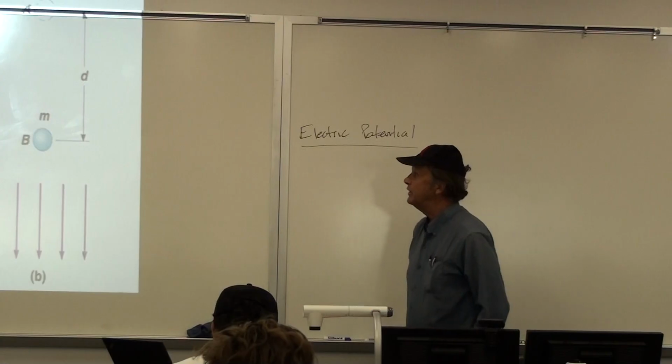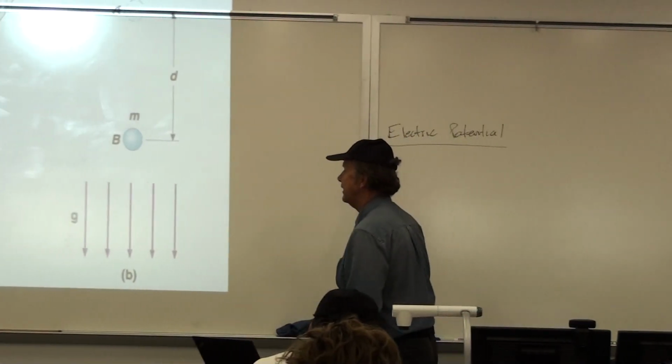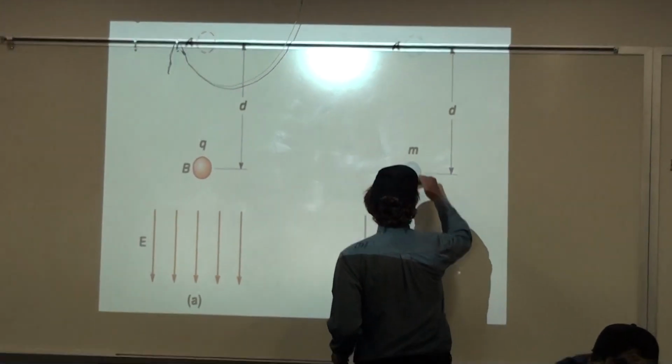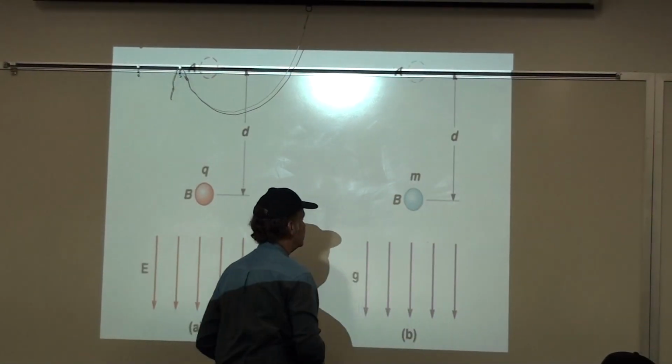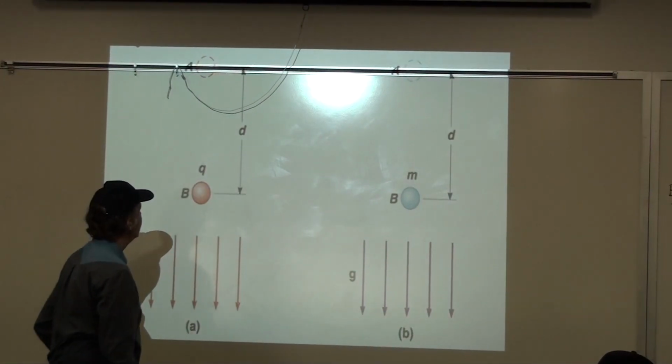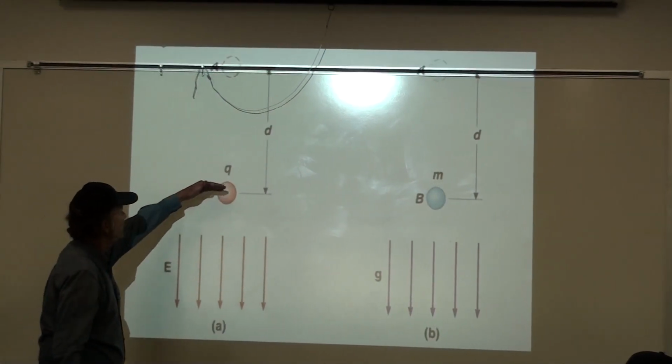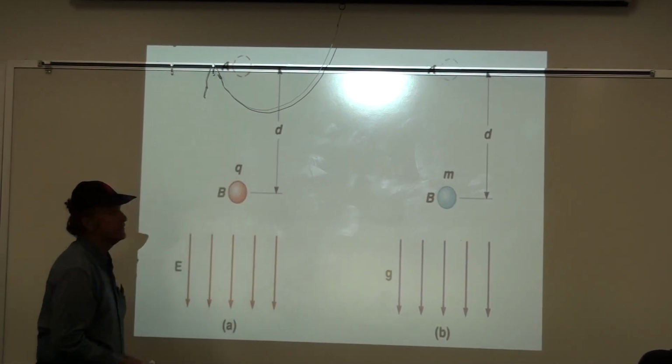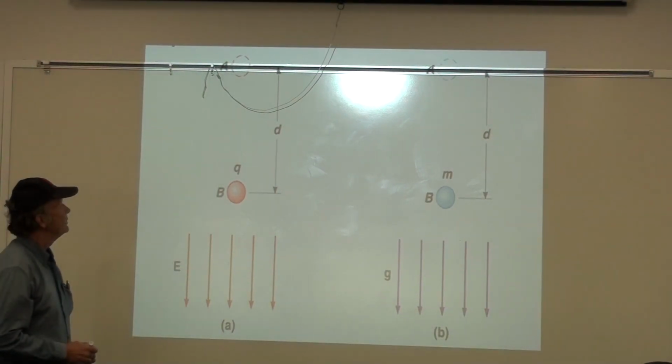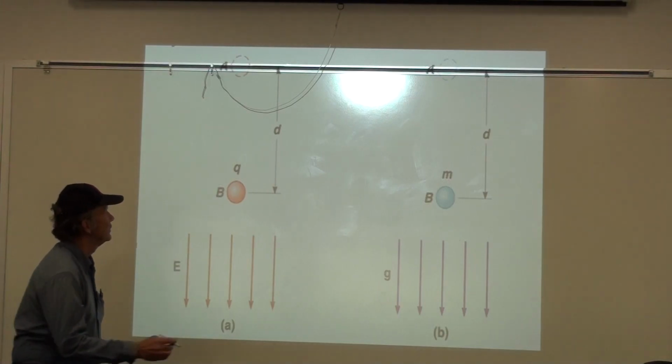Well, one thing that we did discover is that if we have a mass and we raise it to a certain distance, we have a change in gravitational potential energy. Whereas if we lift a charge against an electric field, we have a change in electric potential energy.